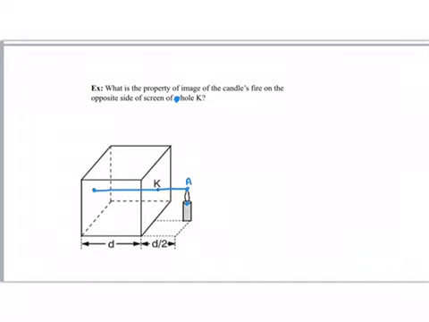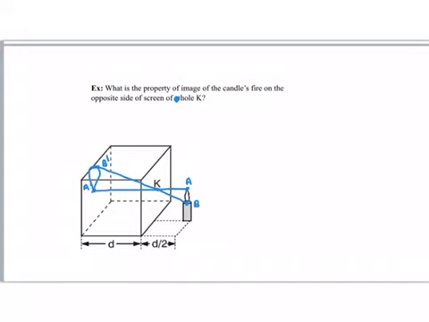Let's say A, it will be lightened at A prime, and this point B, only this directed ray will go through the hole, so it will be lightened here at B prime. So I will have a candle lightening on the screen like this.